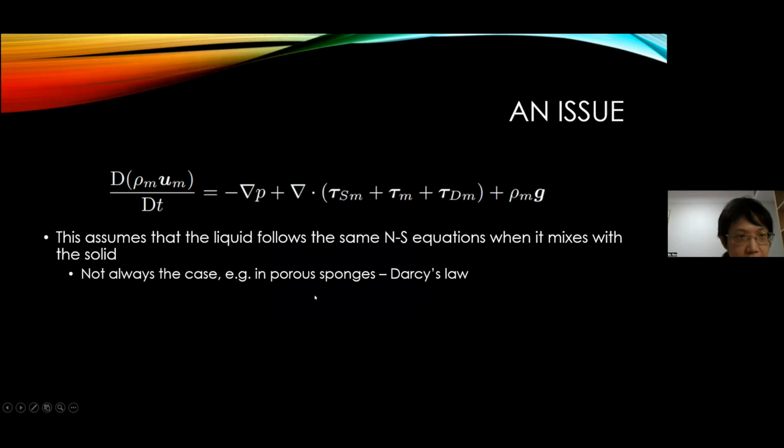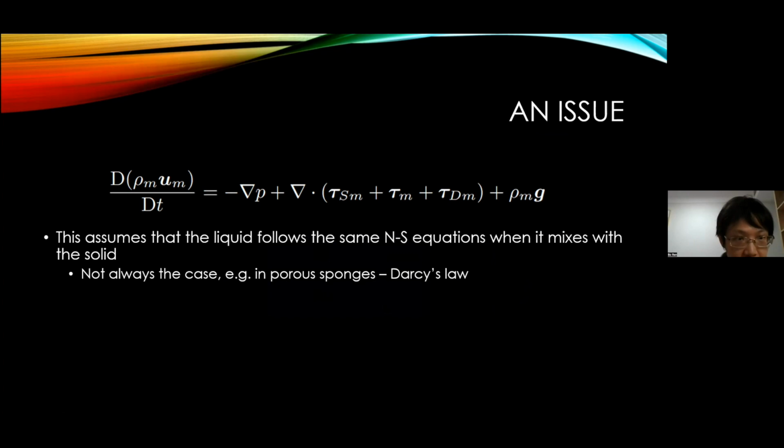So there's an issue here, because this solid model still assumes that the liquid follows the same NS equations when it mixes with the solid. Well, this is not a very big problem if we are treating sand-like materials, because they can be considered as fluid as well when we trigger them.